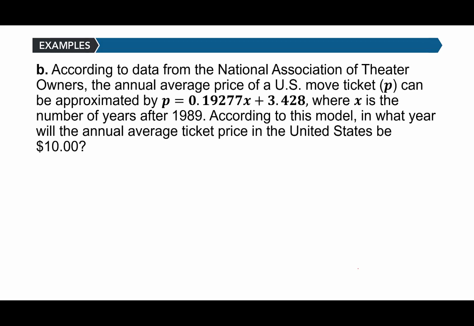So in this case, we know this model, which is 0.19277x plus 3.428, and we know what we want the ticket price to be. We want it to be $10, which is our value of P. So in place of P, we're going to put 10. And now we can solve this equation for our variable x.